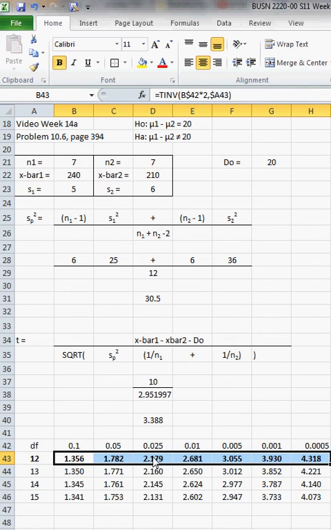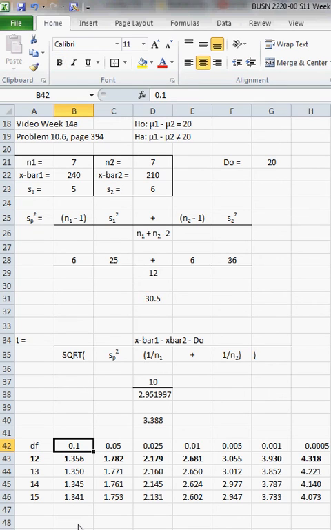Now, it tells us to test this against a variety of probabilities: 0.1, 0.05, 0.01, and 0.001. So tempting, isn't it, to say, well, 0.01, but wait a minute, this is a not equal to problem. So we have to move down a notch and say we have to compare against 1.782 when we're doing the alpha of 0.1.